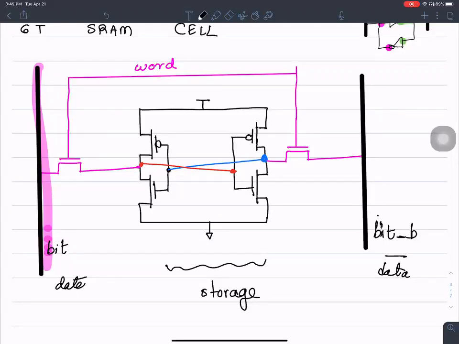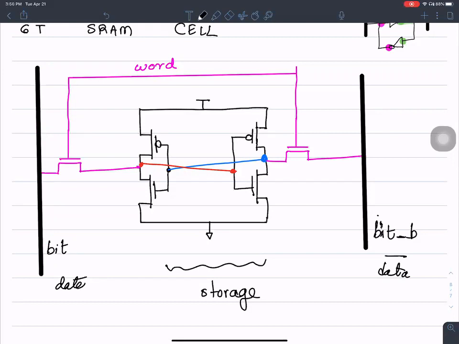There are 6 transistors here, and that is important because their relative sizes matter. There are 2 PMOS transistors on the top, 2 NMOS transistors on the bottom. The access transistors shown in purple are both NMOS transistors.